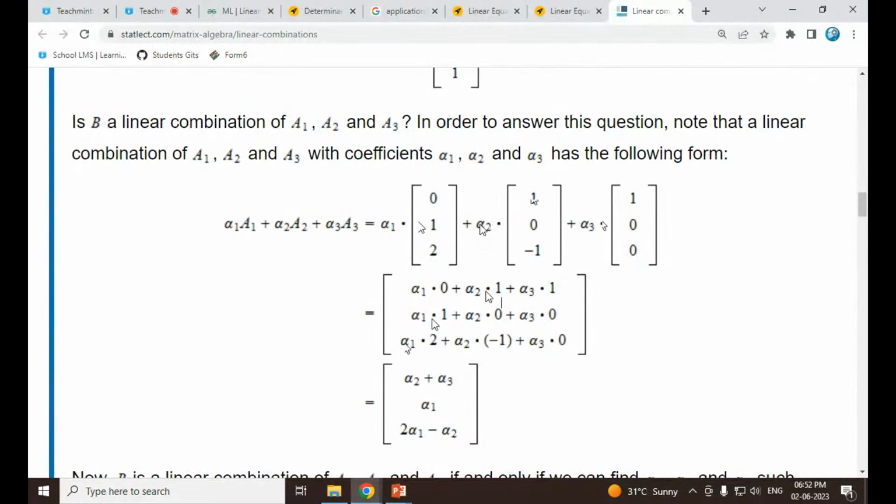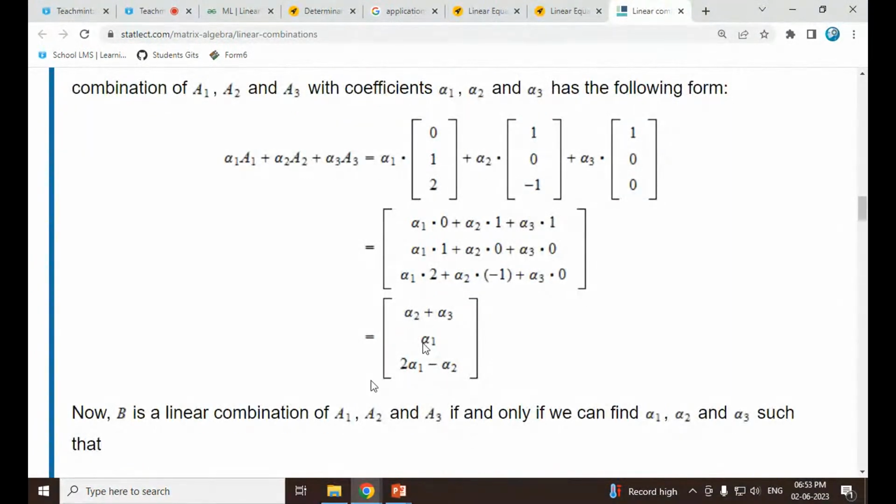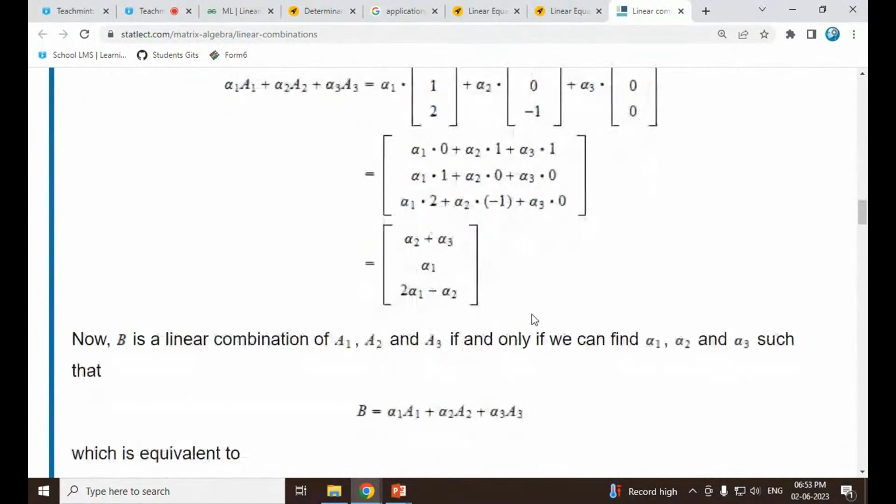A1 times 2, A2 times minus 1, A3 times 0. Another row completed. This gets cancelled because of 0. And A2 multiplied with 1, alpha multiplied with 1 remains. So alpha 2 plus alpha 3 remains. Or you can call them lowercase a or lowercase b, whatever symbol you want to represent. Okay, that looks like this.